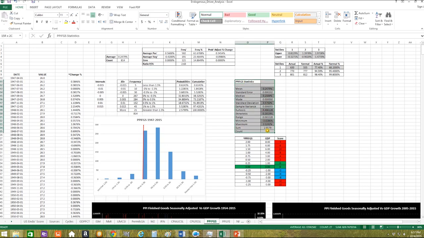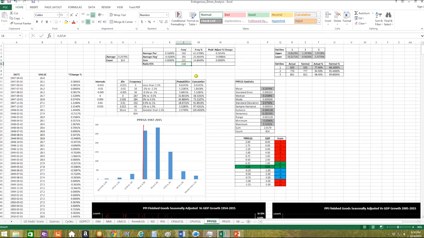Over here we have our descriptive statistics, so the behavior of our data across the entire data set. Up here we have our average and our count. We also have our average positive and negative situation. So when a month is positive, the frequency and the average moves, both on an absolute and probability adjusted basis, and the same for the negatives, so negative months, and then for 0 months, we just have the frequency.